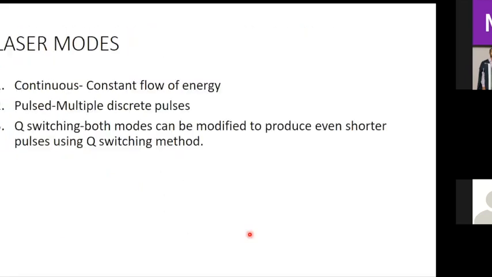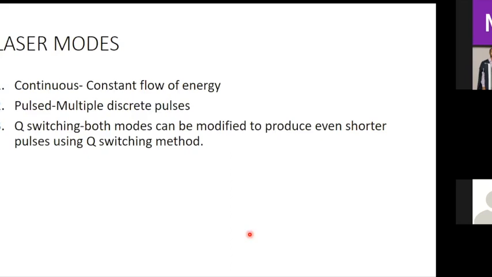Now let's say you've applied the laser on the patient, but you need different modes, just like when you're using diathermy. There are three different modes for laser: continuous, pulsed, and Q switching. The continuous one is just a continuous flow of energy. It's not intermittent, and this might cause more damage.